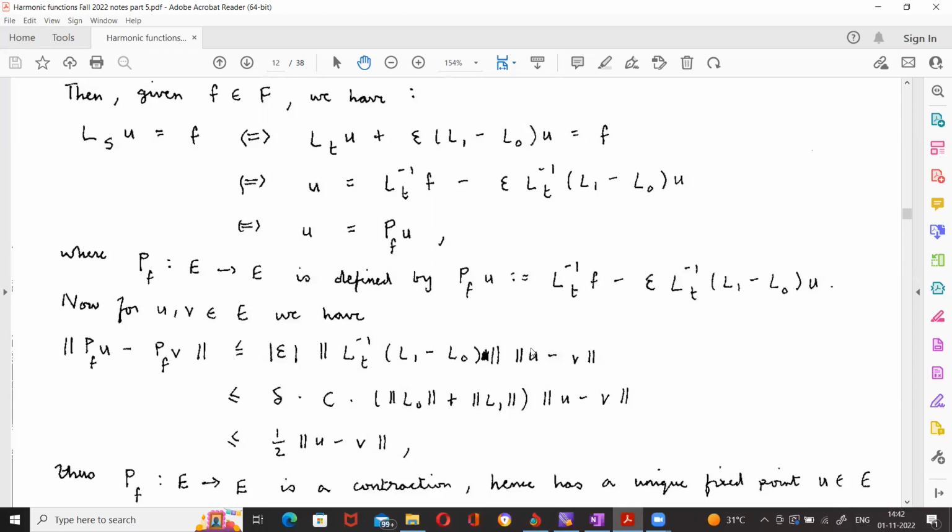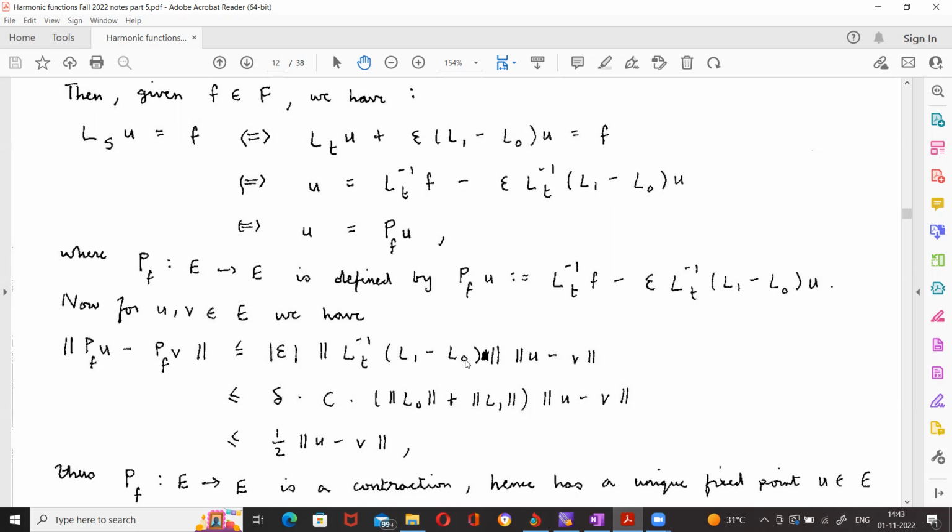This will cancel from both these terms. And so what you'll get is epsilon. When you take norms, then you'll get mod epsilon times norm of LT inverse (L1 minus L0) times norm of U minus V, right? And this is less than or equal to norm LT inverse times norm L1 minus L0.